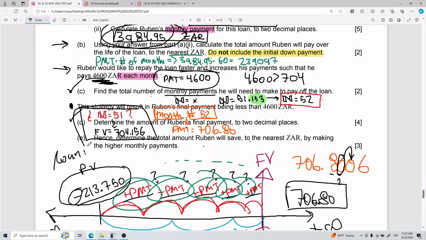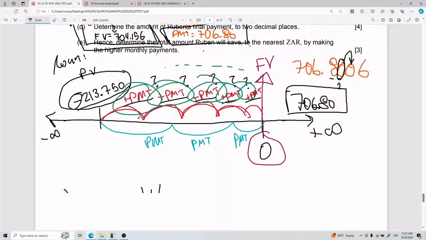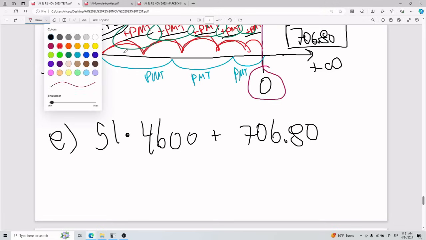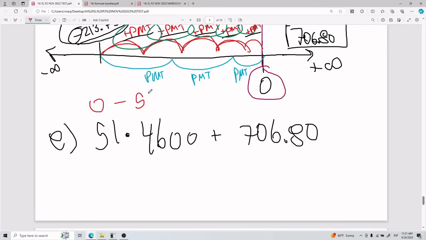So for 51 months, he paid 4,600, and at the very end, he had to pay 706.80. More intuitively, you can think about it as this is from 0 to 51 months, and over here is the 52nd month.